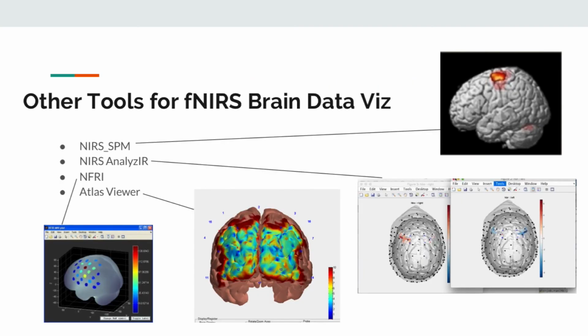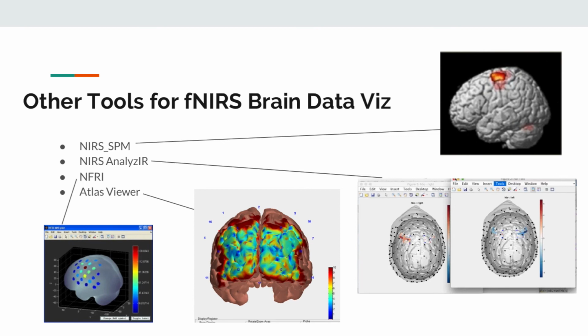There are some other tools for visualizing fNIRS data that I have not used for publication yet, so I don't know them very well. I think I've attempted almost all of these, but for one reason or another I found them really difficult or kind of limiting. NIRS-SPM is one that does surface rendering, but the fidelity of the brain is not super high, and it looks like a flat topo map had been laid over the brain instead of rendering it onto all the gyri.